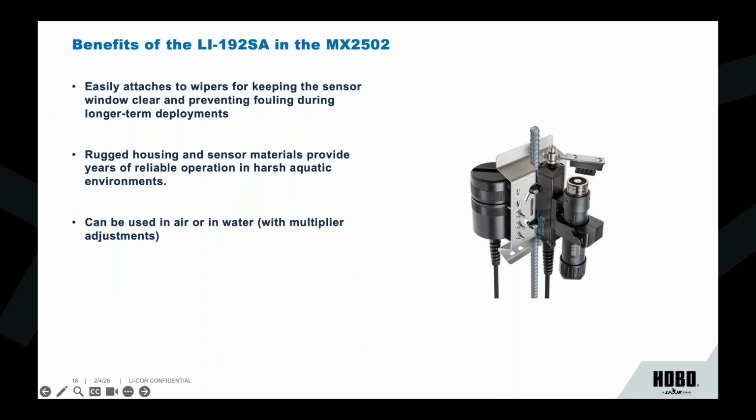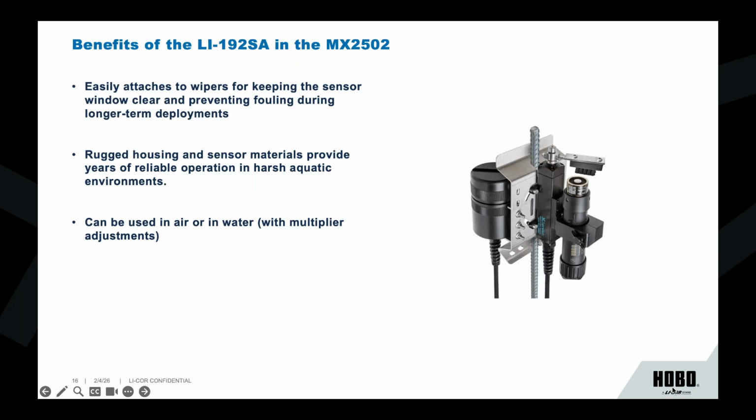The other thing I'll mention is that it's a very rugged housing. These are made of brass, essentially, and so they're able to withstand pressures and depths that terrestrial sensors would not like at all. If you tried to use a terrestrial PPFD sensor, it might work once and then never again, which is not ideal.